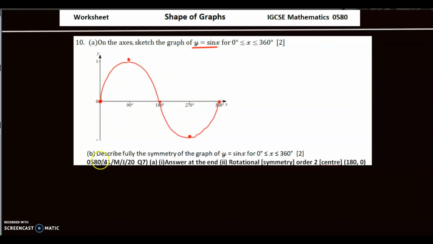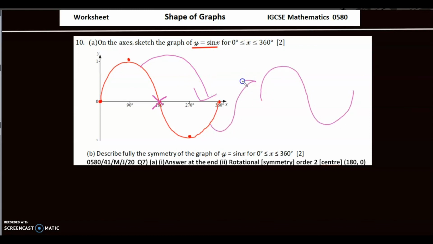Okay. Part B, describe fully the symmetry of this graph for 0 to 360. So as we can see, it has a rotational symmetry of order 2, and the center of rotational symmetry is this. Rotational symmetry of order 2 means that if I rotate this by 180 degrees, I'll again get the same shape.